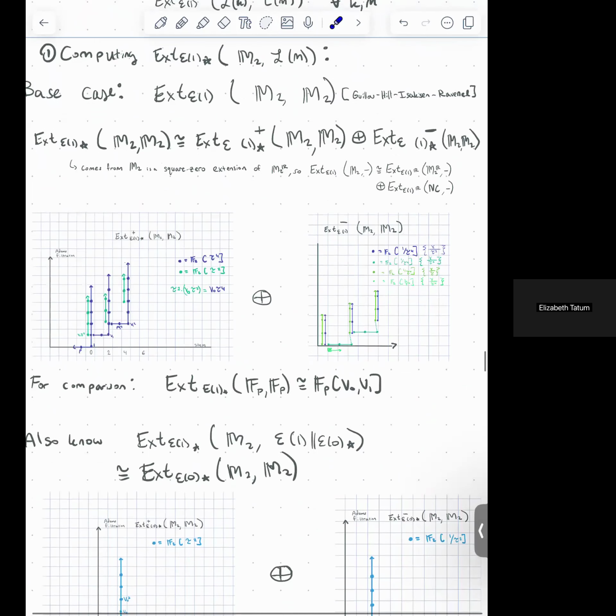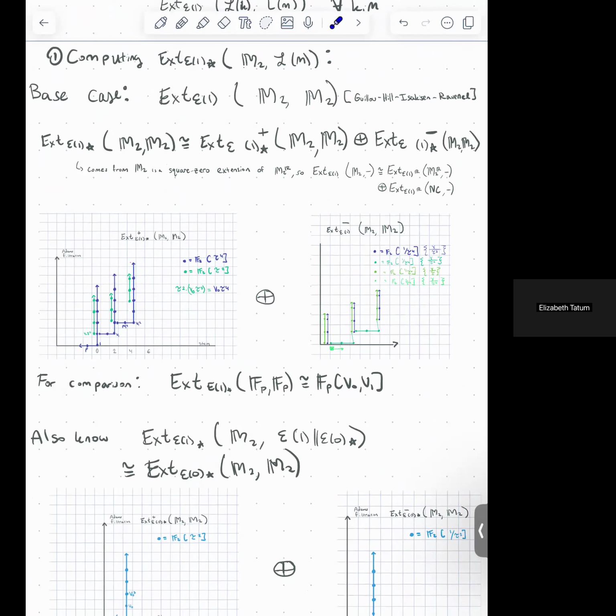Okay, so starting with computing x over E of 1 star of M2, L of m. The base case is x over E of 1 of M2, because that's what happens when m is 0. And lucky for us, this was already computed by Quigley, Hill, Isaksen, and Ravenel. This x over E of 1 star of M2 is very complicated, but it does split into two pieces, which we've been informally calling the positive piece and the negative piece.